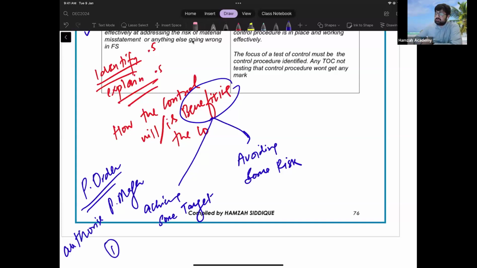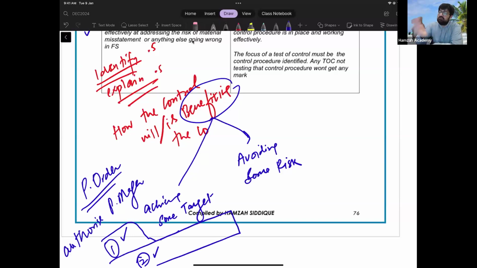The first benefit. The second benefit is that it avoids the risk of fraudulent purchases. So benefit: an objective, some target, and avoiding some risk. So explanation means you have to tell how something good is happening.